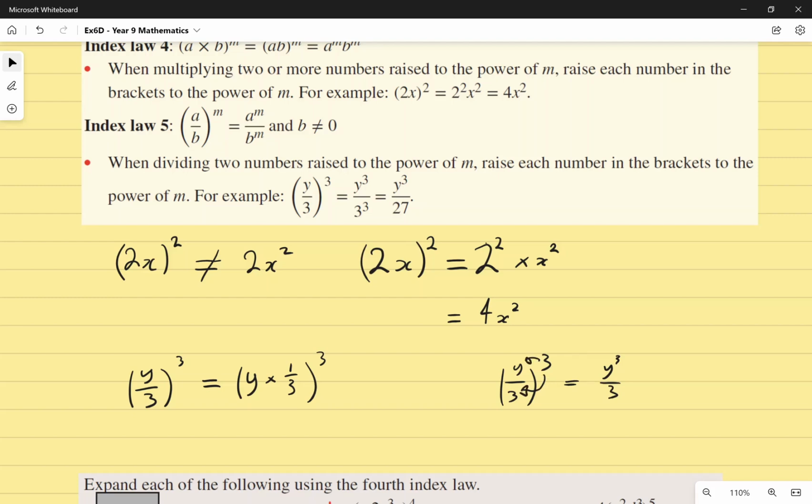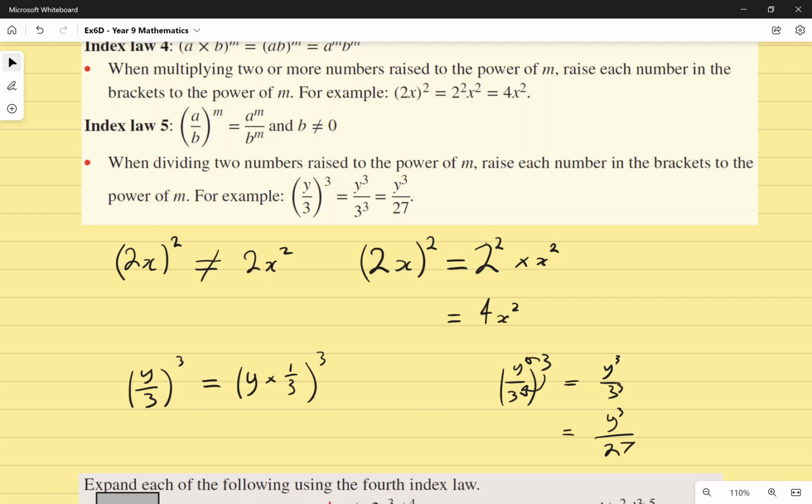Whenever the index is on the outside of the brackets, we always cube all the terms on the inside. Then 3 cubed is 3 times 3 times 3, so we get 27, giving y cubed on 27.